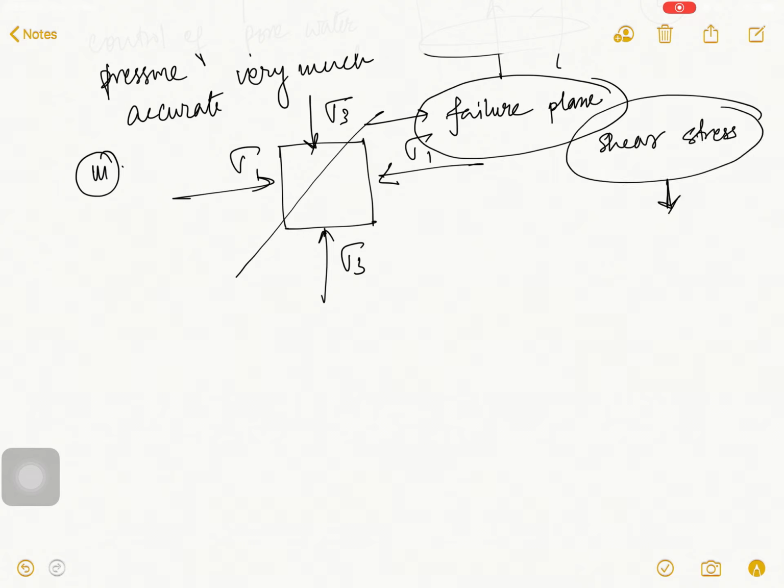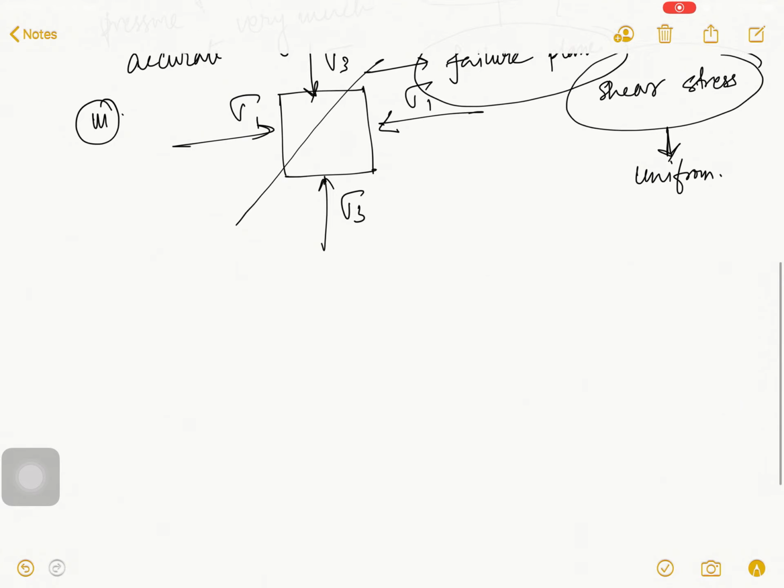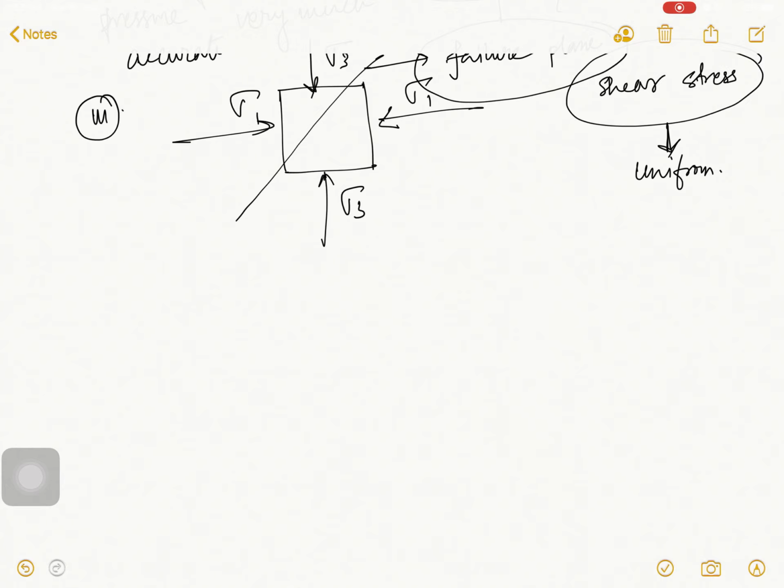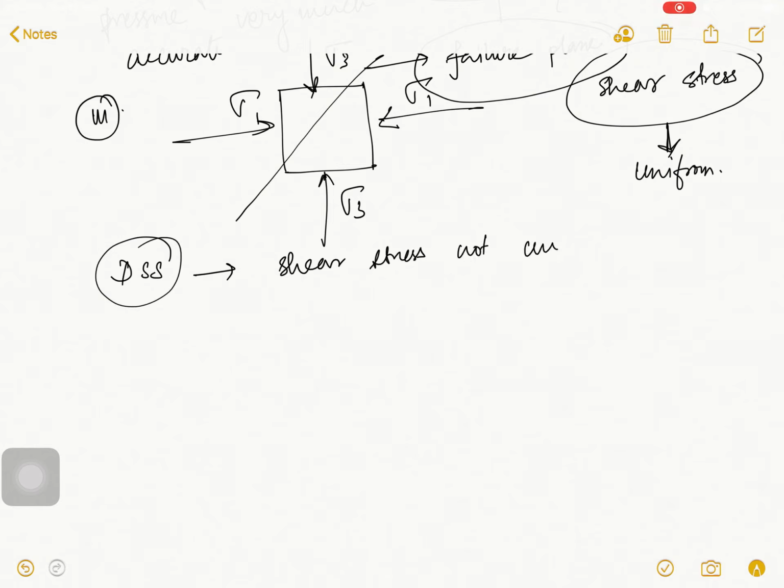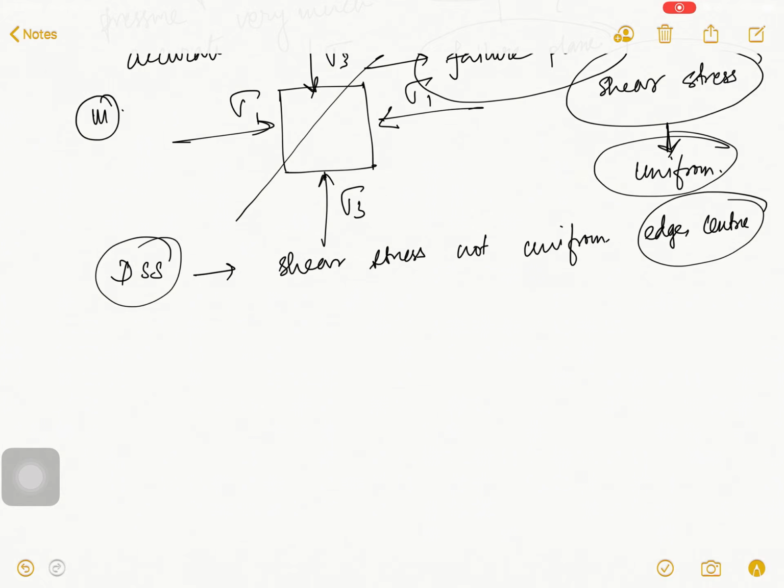The shear stress you find from the triaxial compression test is uniform. Whereas in my last video when I talked about direct shear, in reality the shear stress is not uniform. You remember that I told about some variation at the edge and center, but in reality it should be uniform.